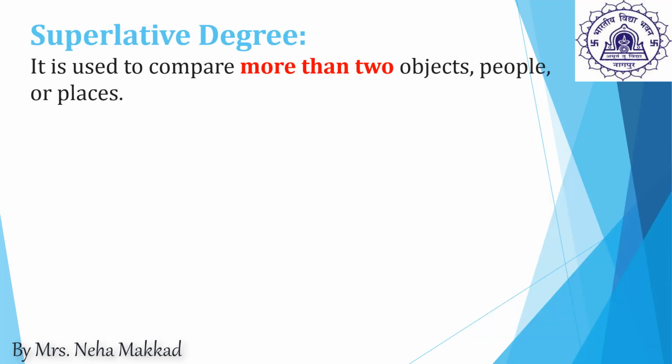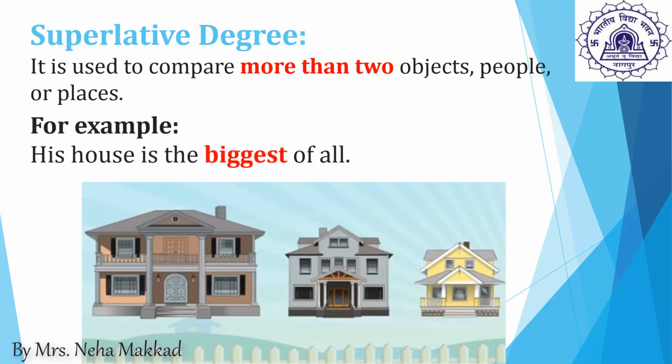The greatest degree is the superlative degree. It is used to compare two or more objects, people, or places. Okay. So like for example, his house is the biggest of all. So children, as it is the greatest degree of comparison, you will always find the article the before the adjective, that is biggest.